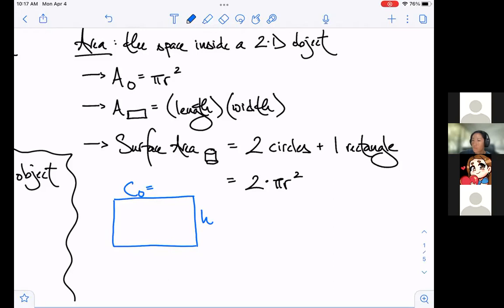Is it something with the radius? It is. God, it's been so long. Yep. I feel like these are the easiest formulas that everyone forgets. There we go. So this is 2 pi r. 2 pi r, okay?